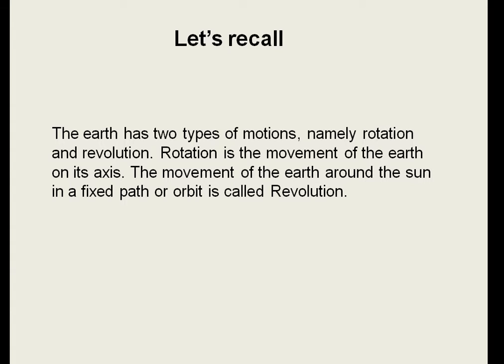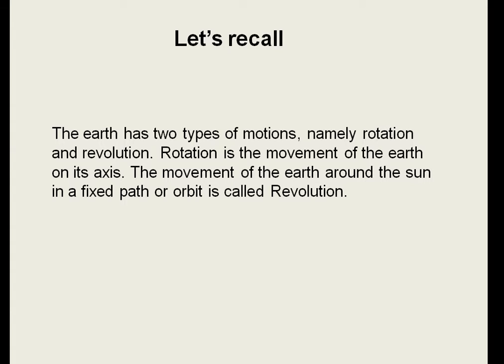Earth has how many types of motions? There are two. Which are they? Rotation and revolution. Rotation means movement of the earth on its own axis, and the movement of the earth around the sun in a fixed path, which is called an orbit, is called revolution.